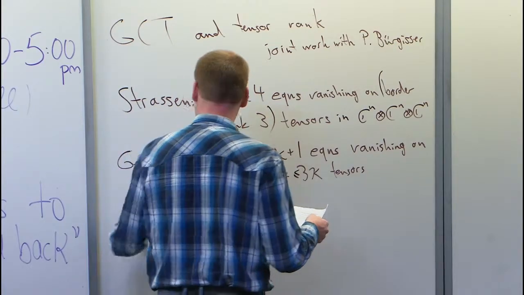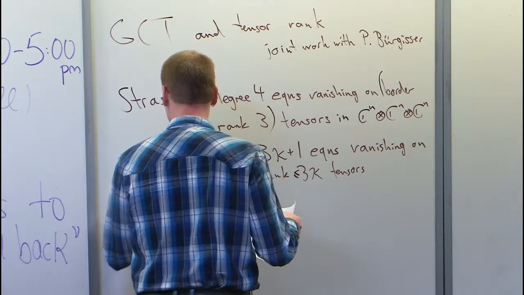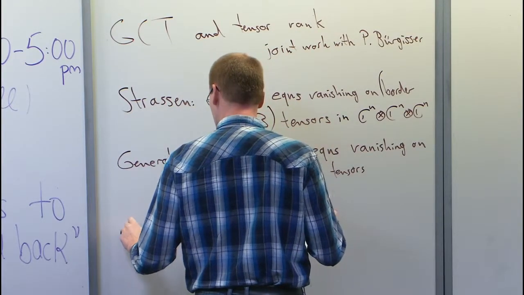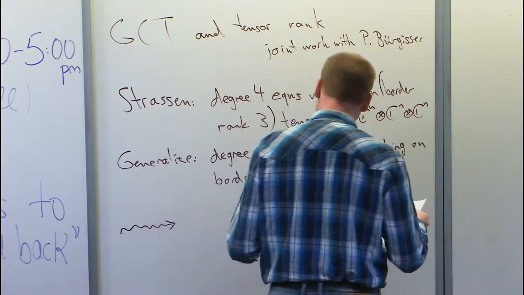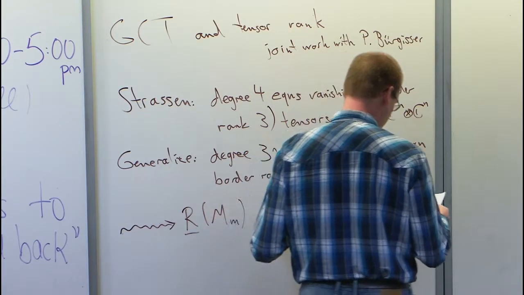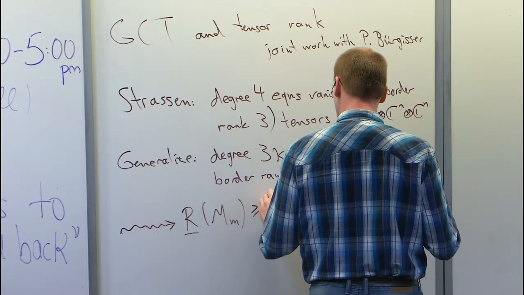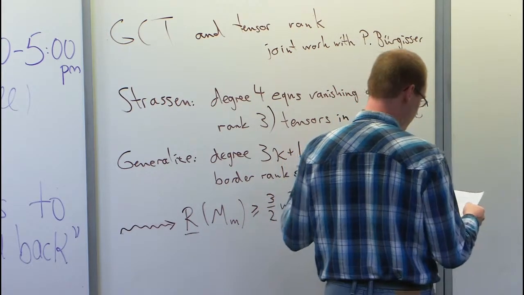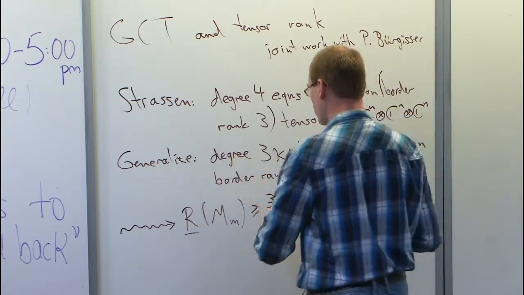Okay. What do we get from that? We will get a lower bound of the border rank of matrix multiplication, and then we have to be a bit careful. There's some subtlety here, there's a -2. This will be the lower bound.